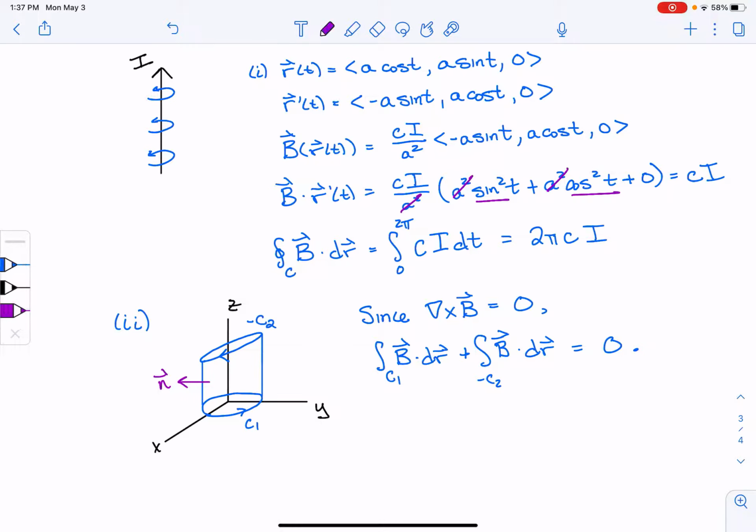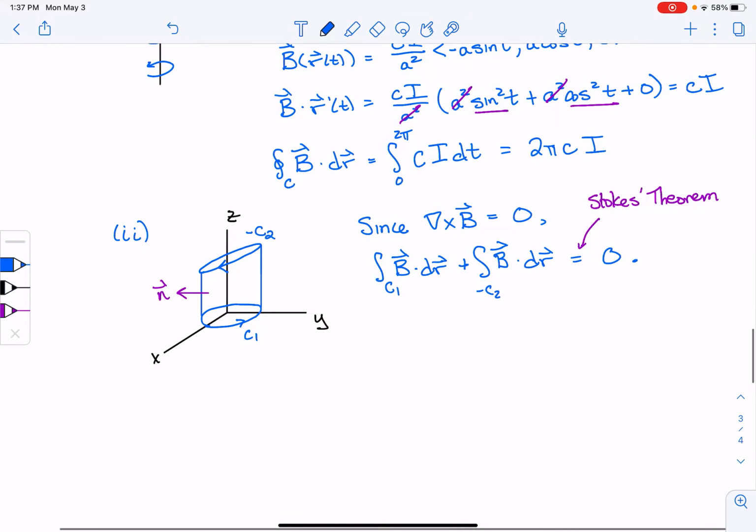And this comes from Stokes' theorem. We would be doing the double integral of 0, which, of course, is 0.